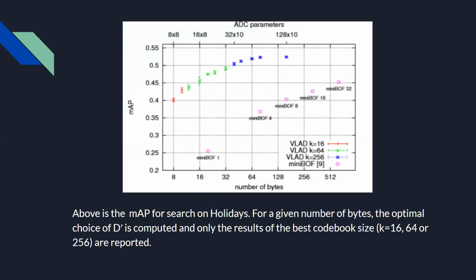And this is an experimental result of number of bytes versus mean average precision for different ADC parameters, that is 8 cross 8, 16 cross 8, and so on. Above is the MAP for search on the Holidays dataset. For a given number of bytes, the optimal choice of d' is computed and only the results of the best codebook size, that is k equal to 16, 64 or 256, are reported.